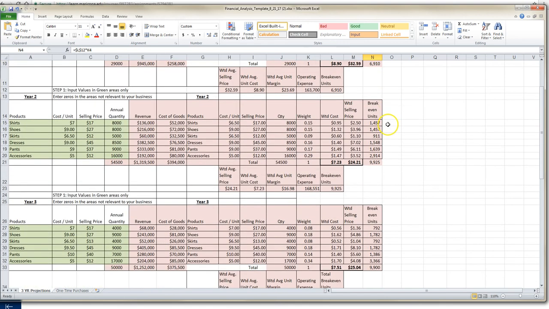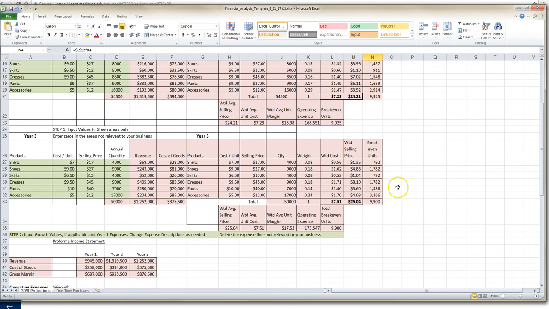The same type of calculations are done for year 2 and year 3. So it's very important that you spend some time doing research on cost, think about your selling price and what type of selling strategy you're going to use, and lastly, a reasonable projection of the number of units that you think you can sell.